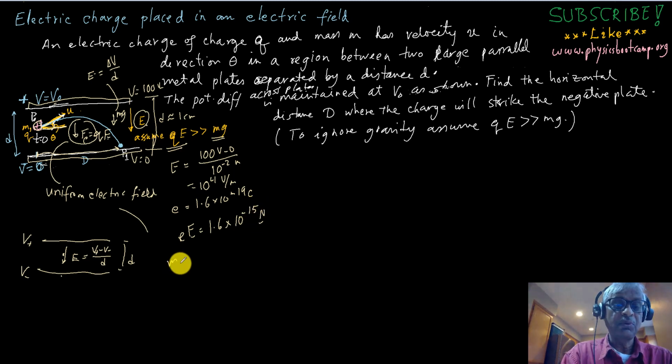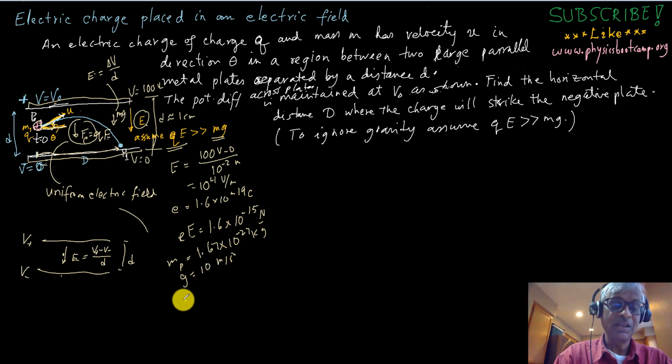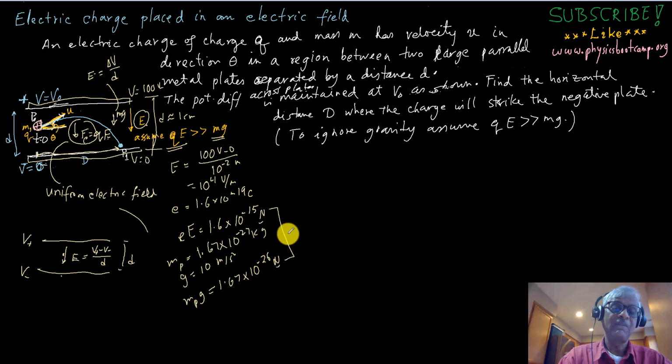Now the mass of a proton is like 1.67 times 10 to the minus 27 kilogram, and g is 10 meter per second squared. Then you can say that mg for the proton is just 1.67 times 10 to the power minus 26 Newton. So you can see the difference is so big, we can just ignore the gravity part.